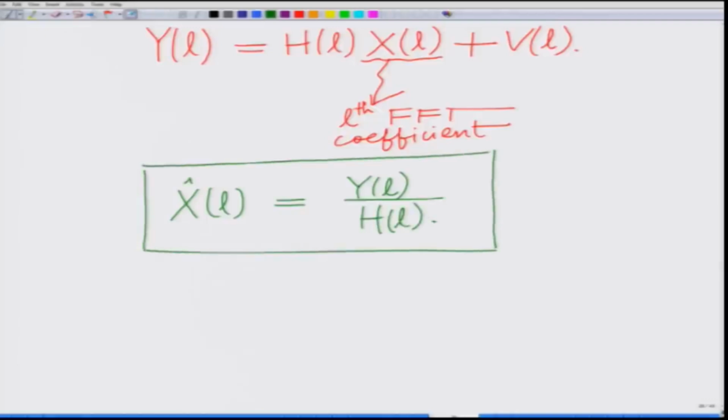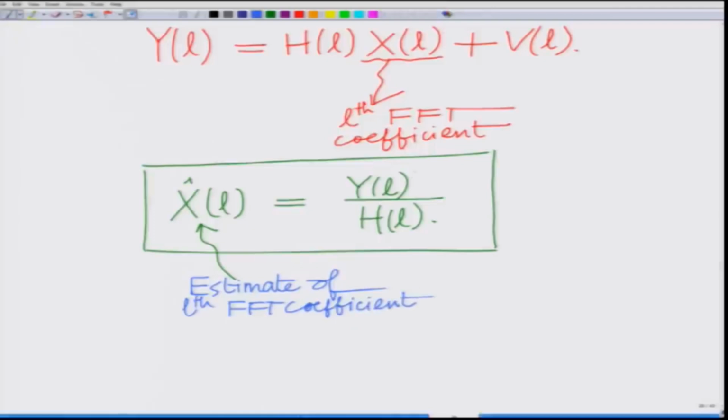YL equals HL times XL plus VL, and therefore, X hat of L is the estimate of the Lth FFT coefficient.